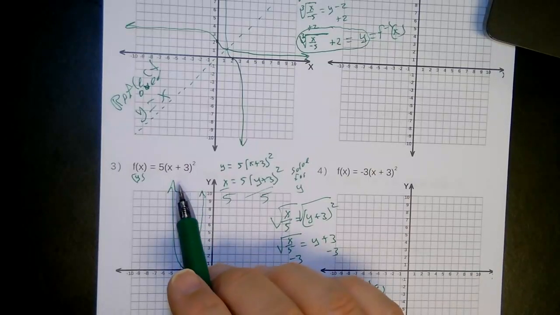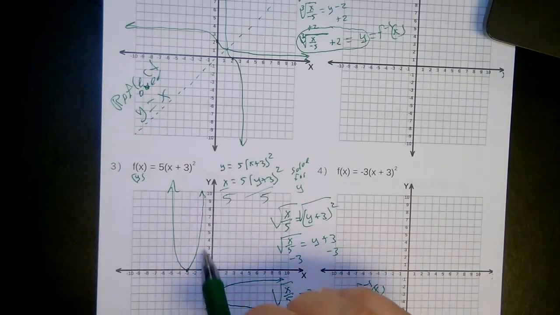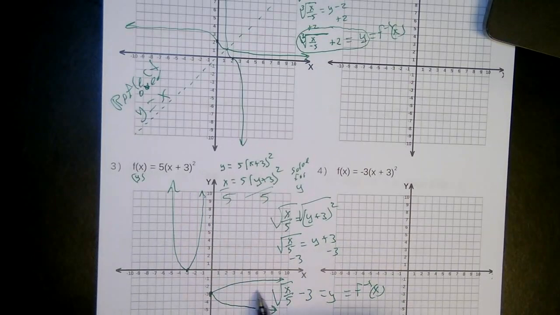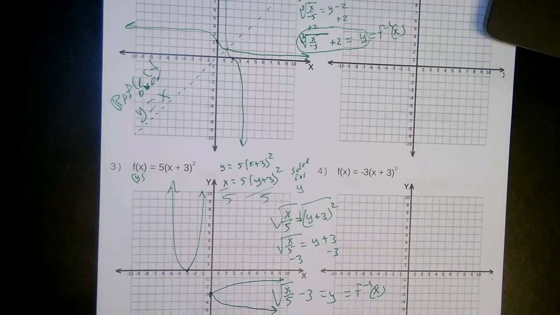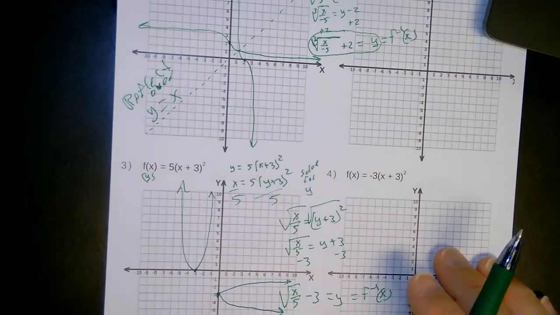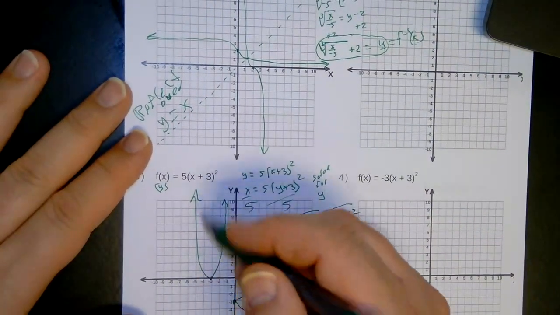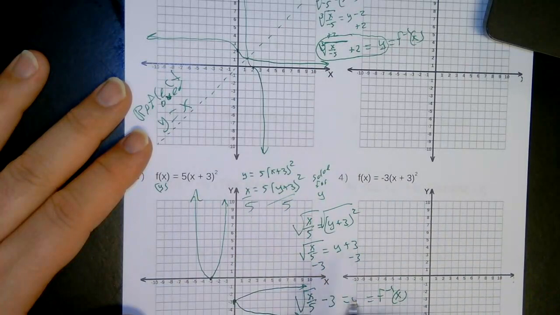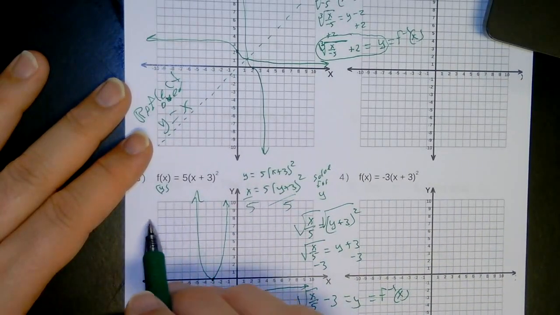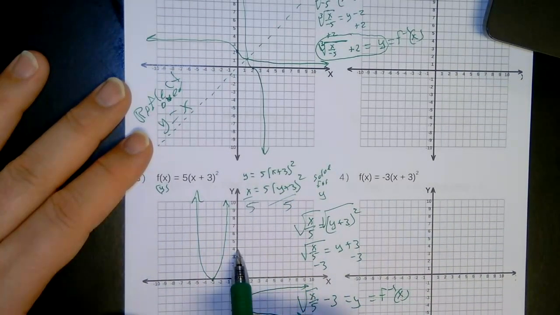If I do my vertical line test, this is a function, but the inverse is not a function. And one thing we can determine that is because if I do what's called a horizontal line test on the original, it'll hit in 2 spots. Something to keep in mind.